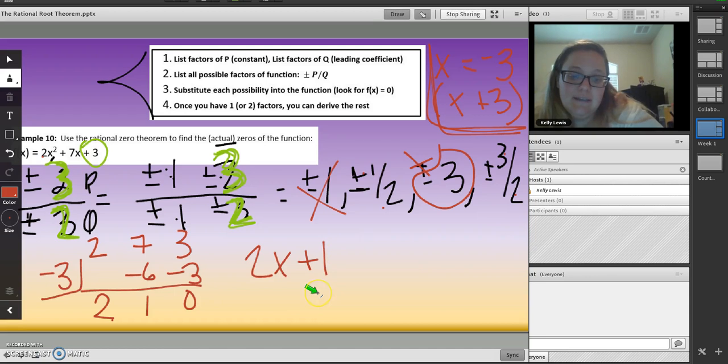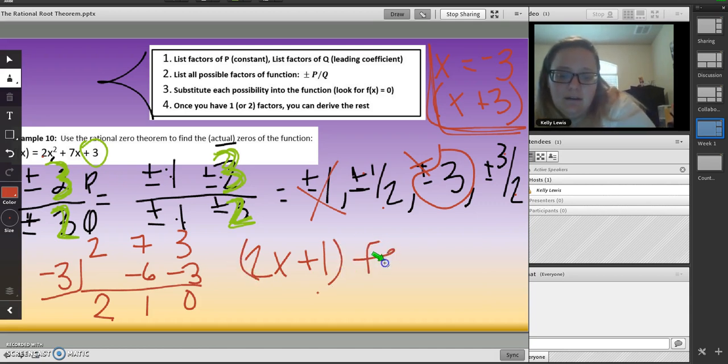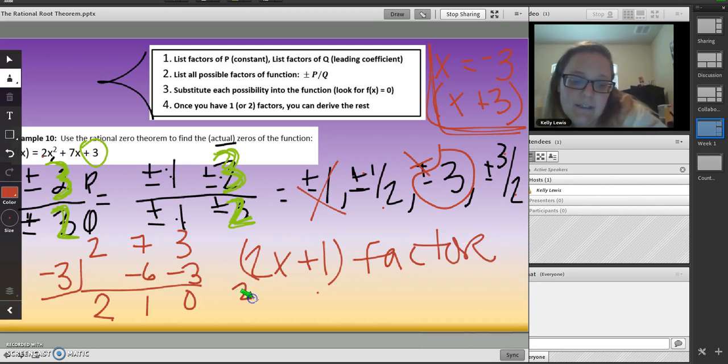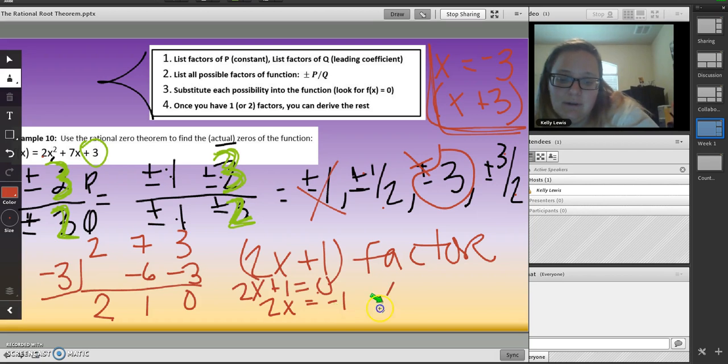Okay, and so this is the leftover after I divided out that x plus 3, that factor. And so it happens to also be a factor. And so if I wanted to solve that for the 0, I would say 2x plus 1 equals 0. I would subtract 1 on both sides. Then I would divide by 2, and so I get x equals negative 1/2.